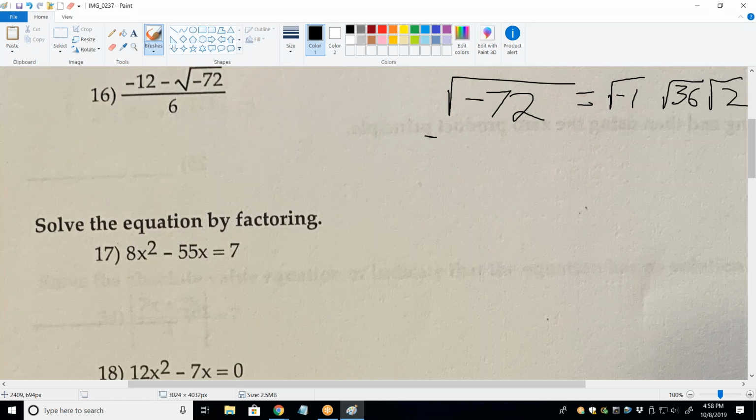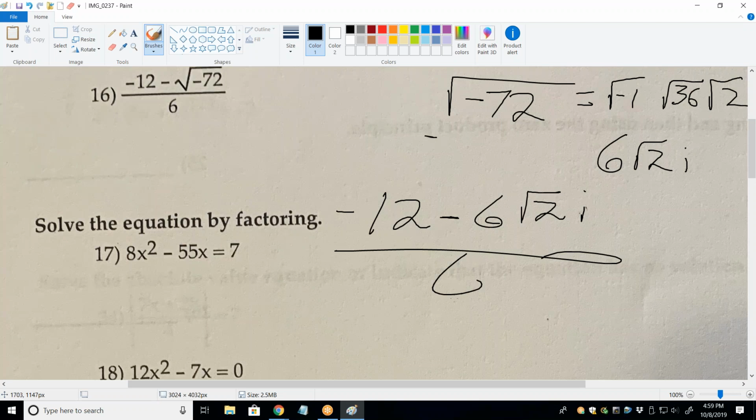Which gives me 6 root 2i. With me? So now I've got minus 12 minus 6 root 2i all over 6.